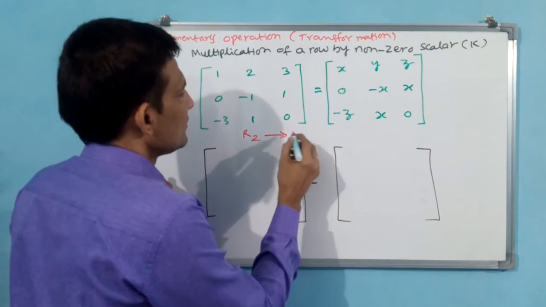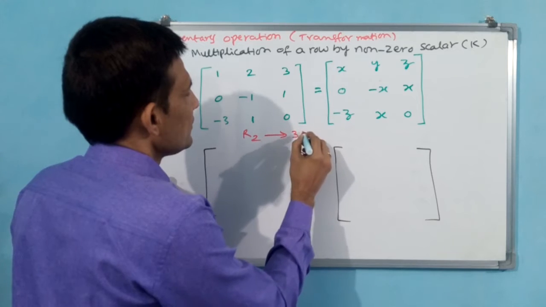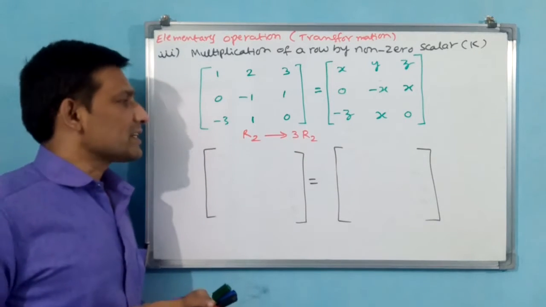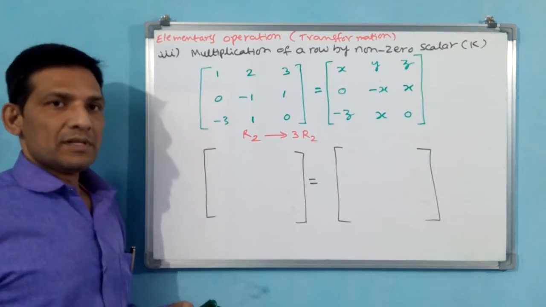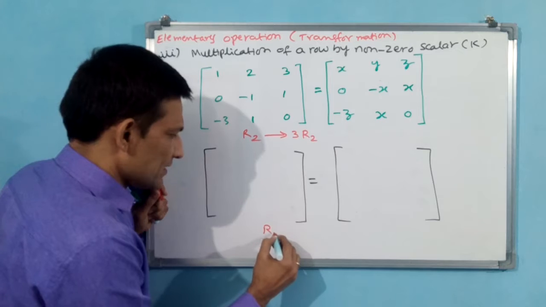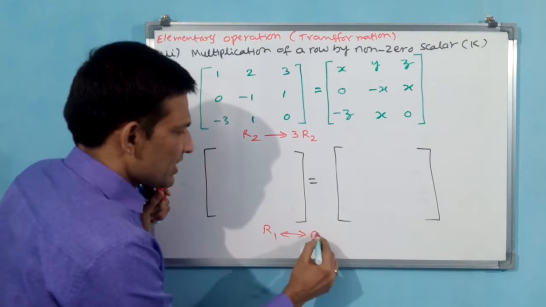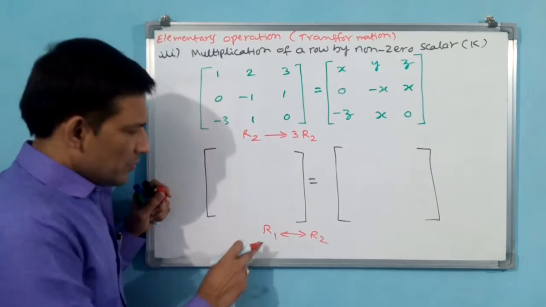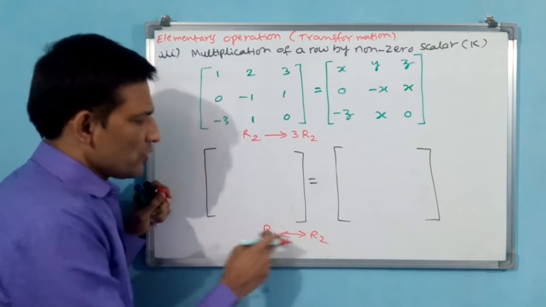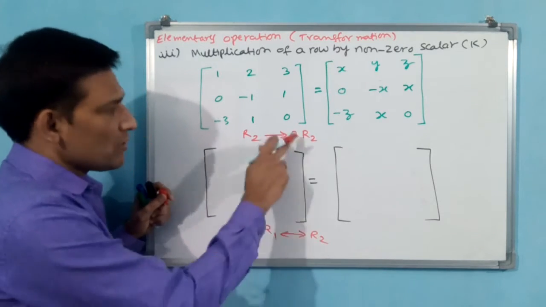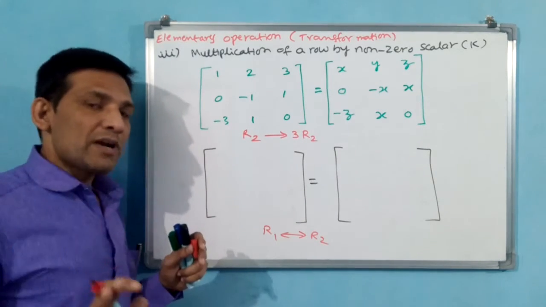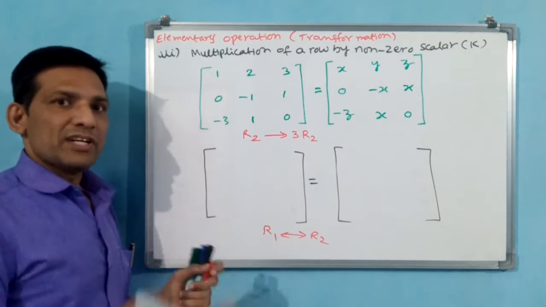Now you see what I am writing: R2 goes to 3R2. First understand this one. Earlier we wrote R1 bidirectional R2, meaning R1 changes into R2 and R2 comes into R1. But here only a single direction is there, which means there is a change in only one row, with no interchange.